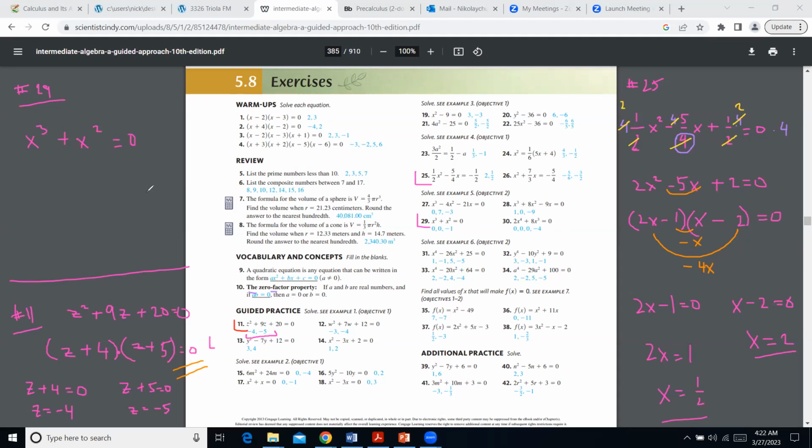So we go ahead and take out x squared, right? The smallest power of x will be x to the second. So when I factor this out, I'm going to have this multiplied by x plus 1.